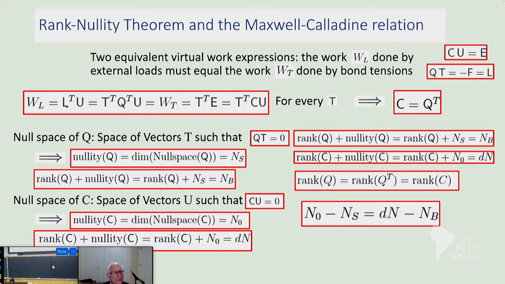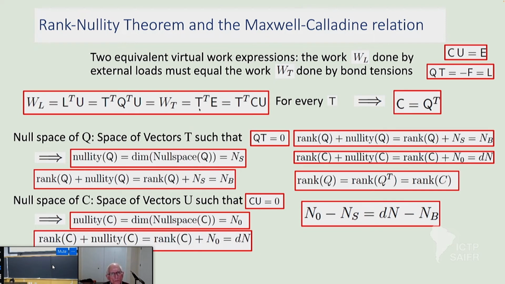Now we learned that QT is equal to L. So I have this up here, QT. Let me move this guy up a little bit. There we go. QT is equal to L. So this becomes T transpose Q transpose U. And that has to equal the work done by the internal tensions.